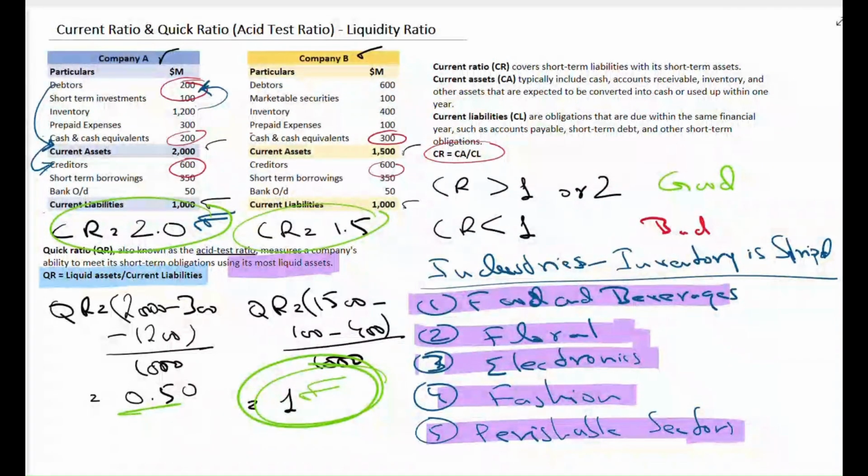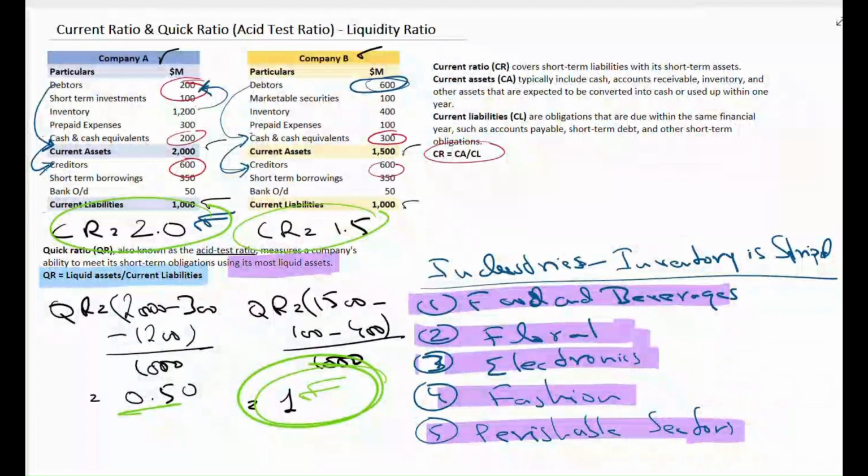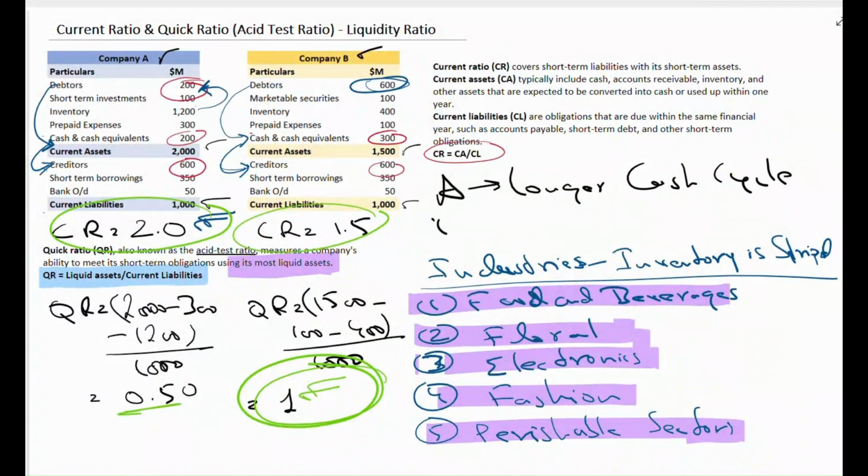Now company B has enough sitting in their debtors, so straight away they do some collections to cash, and cash will be used to pay creditors. So in this case we can say that company A has a longer cash cycle, whereas company B has a shorter cash cycle, right?